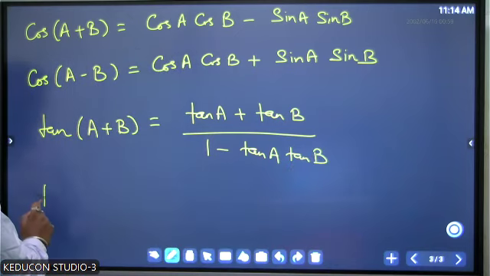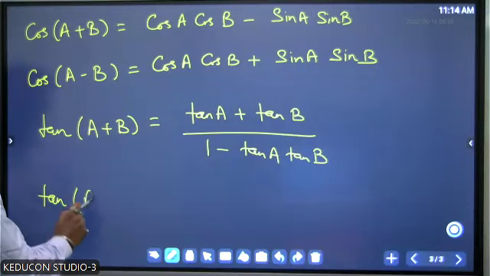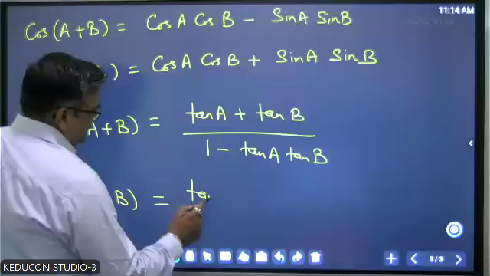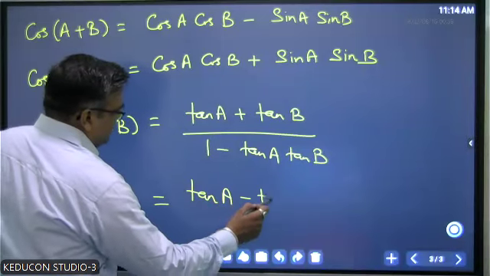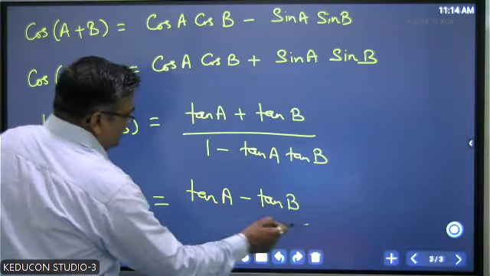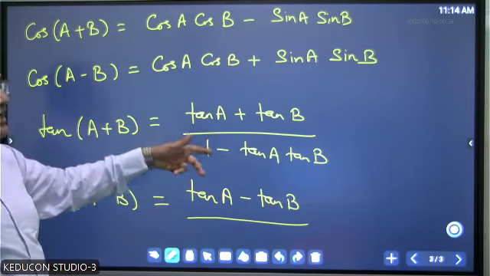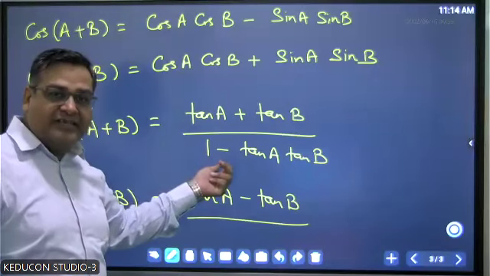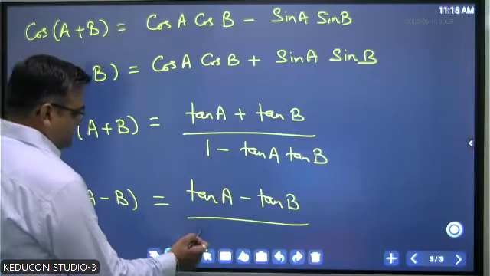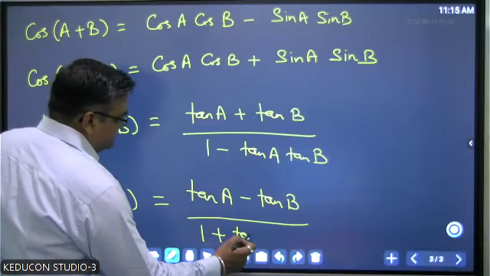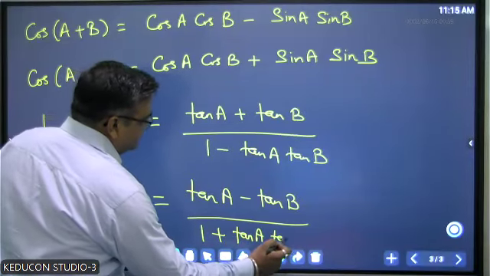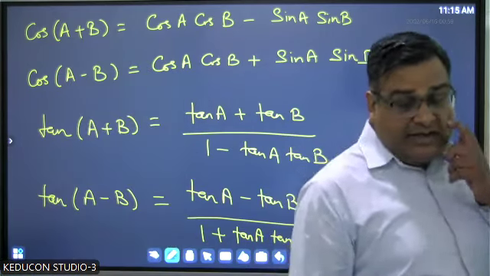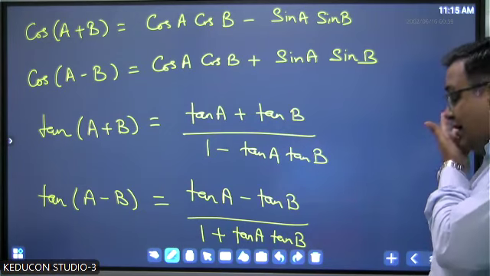Next is tan of A minus B. This will be tan A minus tan B, and the signs will change oppositely. In the numerator it is positive, here it is negative. Denominator is negative, this will become positive. Write these two formulas. Right? Cos and tan, both are done.